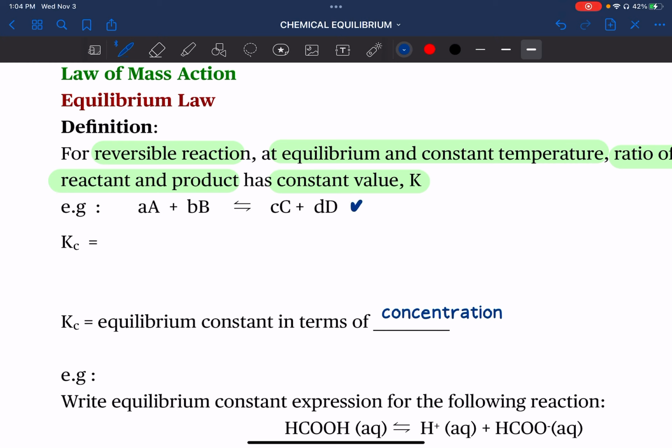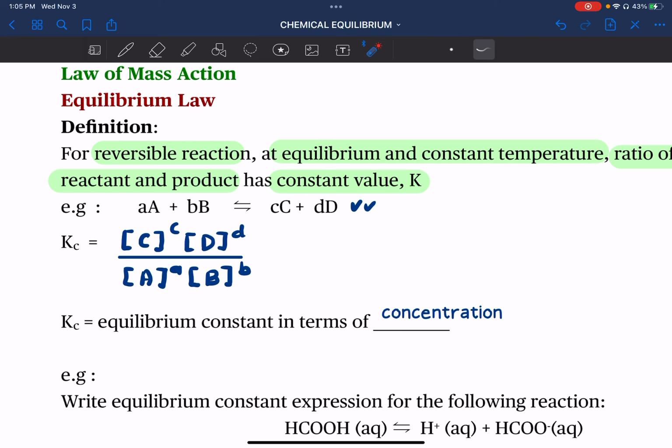First, let's consider this reversible reaction. Okay, so ratio of concentration of product to its power over concentration of A, concentration of B. So, according to the definition just now, dia cakap ratio of concentration of product and reactant has a constant value.